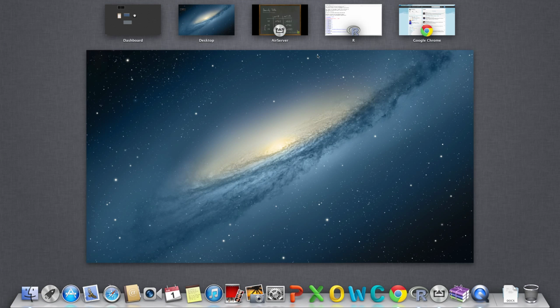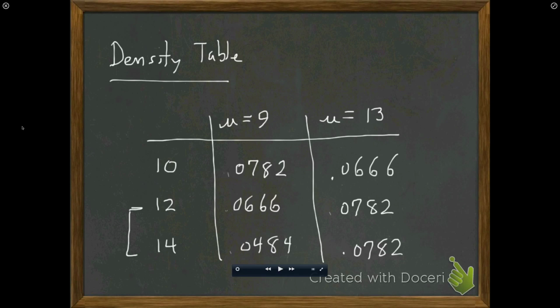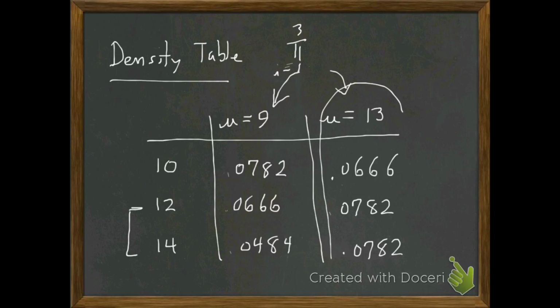So guys, let's go back to the chalkboard, and what I did is write these down. So the density here would be the product of these values, basically i equals 1 to 3, the product of these values. And again, this had a higher density, so it's more believable, based on our data, that the mean was equal to 13.